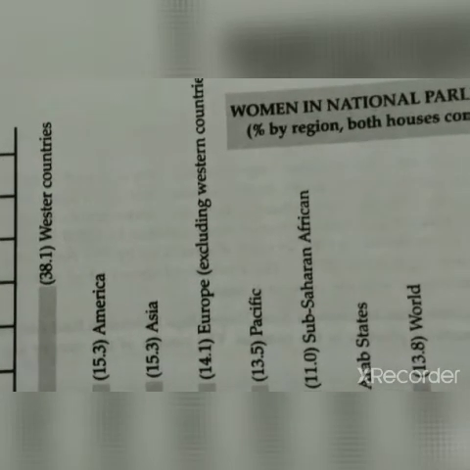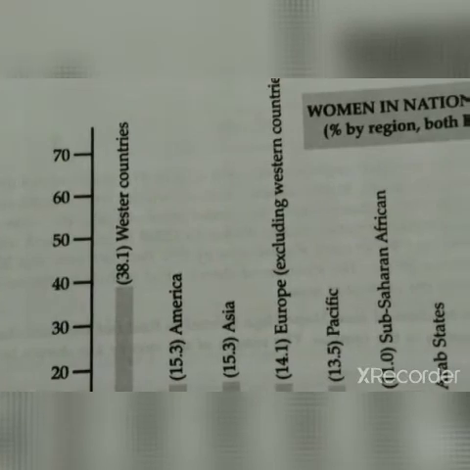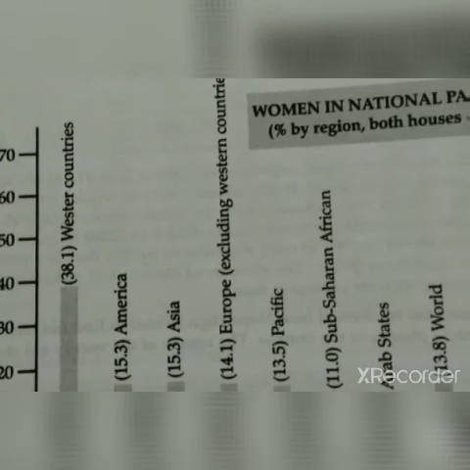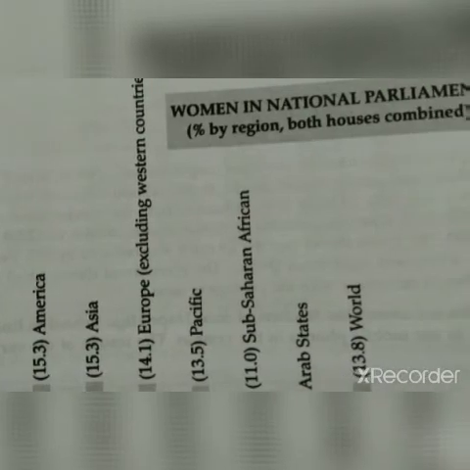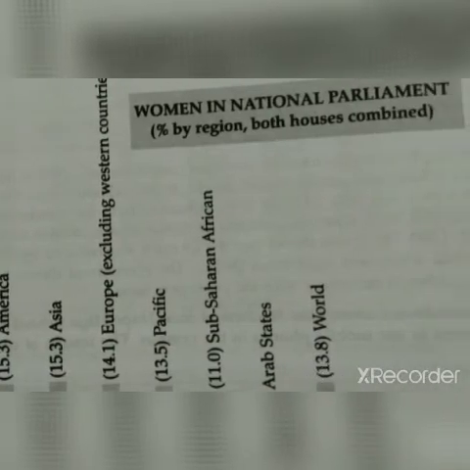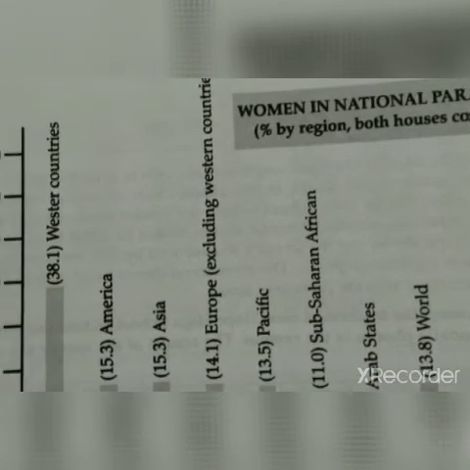That is, you can see in the x-axis you can see countries. First one is Western countries, second one America, then Asia, Europe, Pacific, Sub-Saharan African, then Arab states, then world.